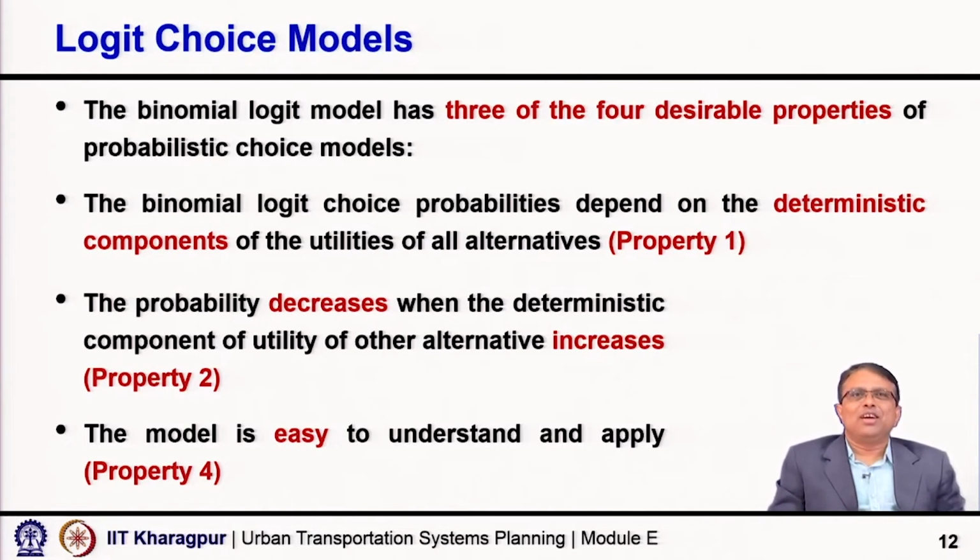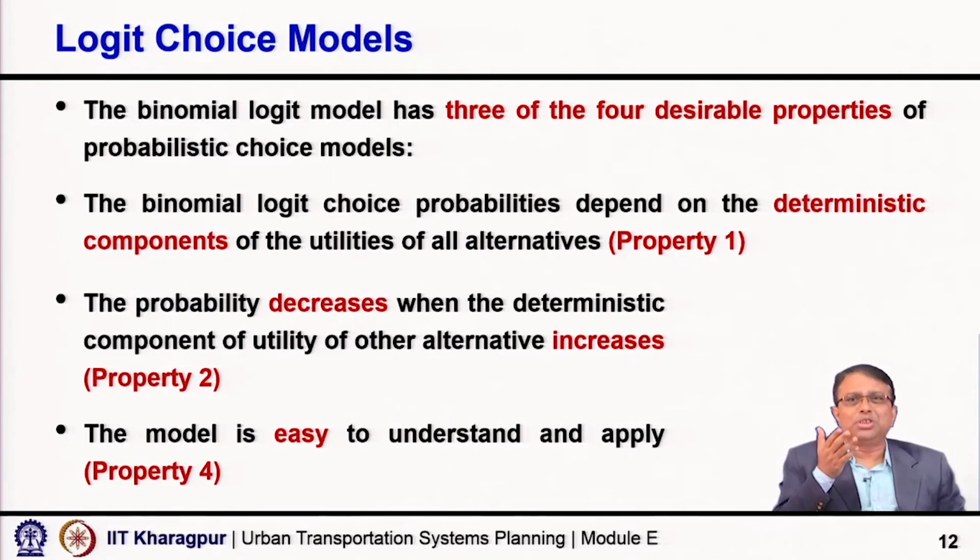The second point is that the binomial Logit model has 3 of the 4 desirable properties, which we talked about just a few minutes back. First, the binomial Logit choice probabilities depend on the deterministic components of utilities of the alternatives.